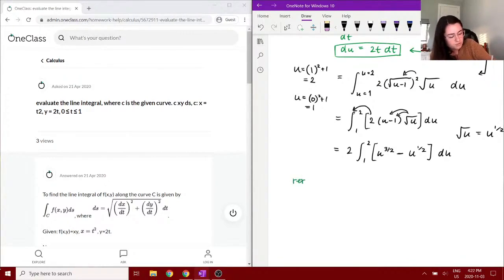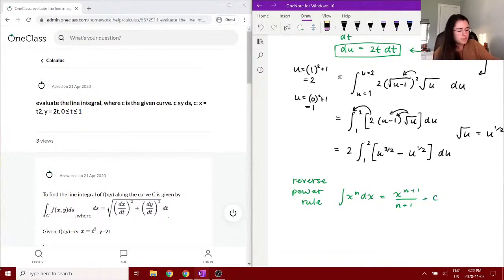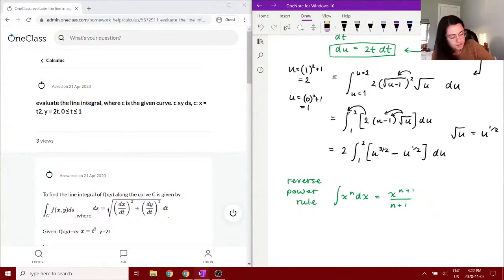The reverse power rule states that the integral of x to the power of n dx is equal to x to the n plus 1 over n plus 1, plus, usually, a constant if the boundaries are undefined, but in this case we have defined boundaries, so we don't need to include a constant.